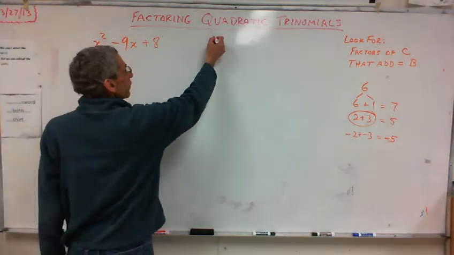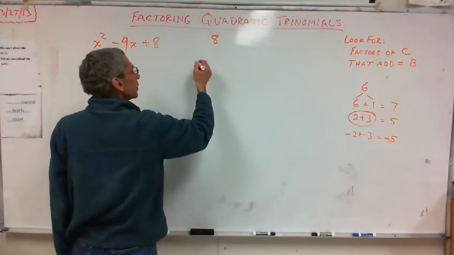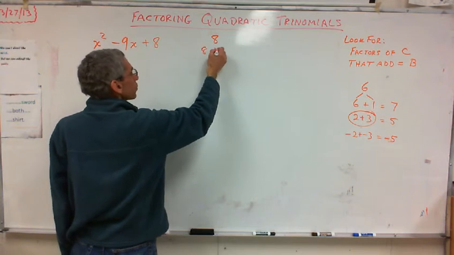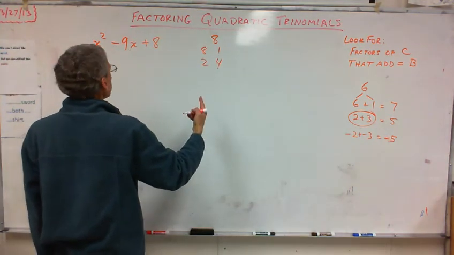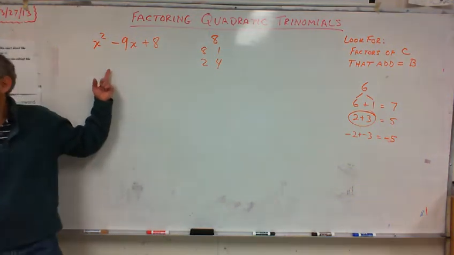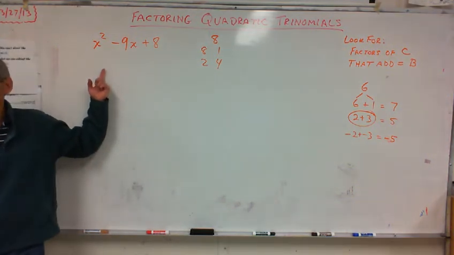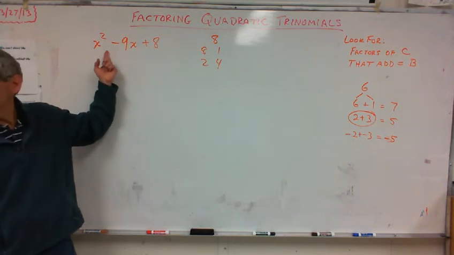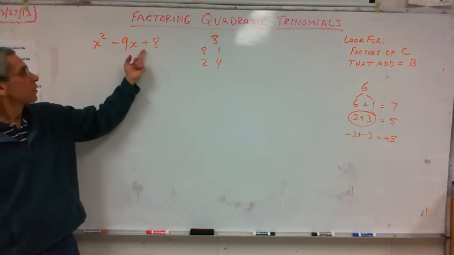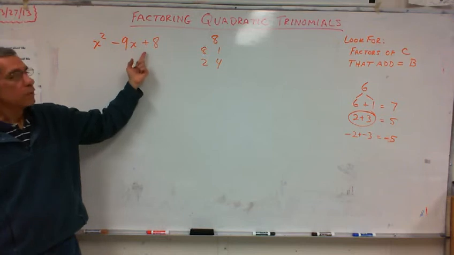So I'm looking for factors of 8. Let's see. There's 8 times 1. There's 2 times 4. That add up to negative 9? No. In order for this to be negative, negative 8 and negative 1 are the factors. Is that right?